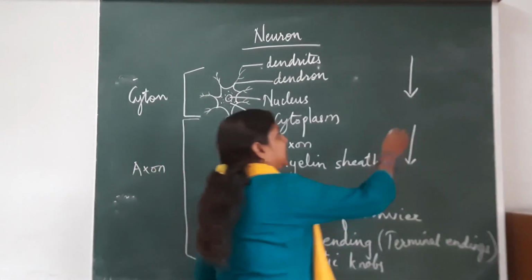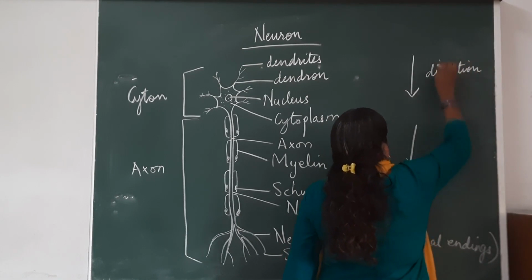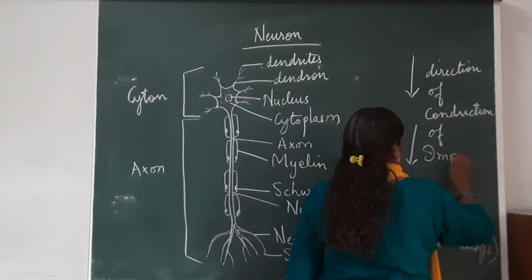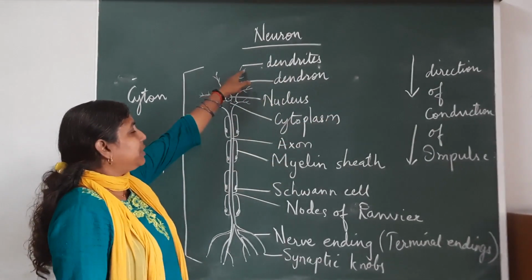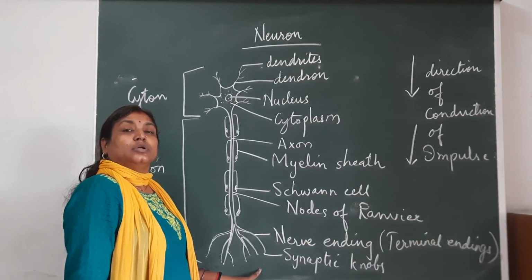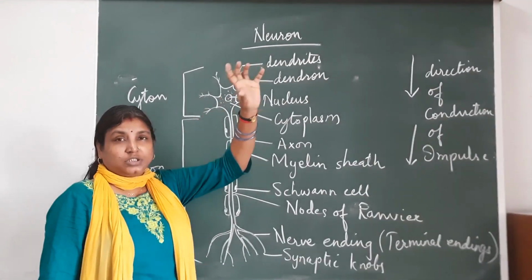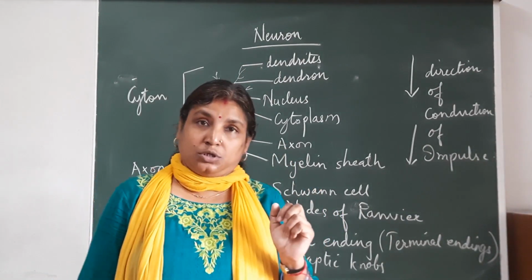This is your direction of conduction of impulse, right from dendrite to nerve ending. All the stimulus, what is stimulus? Any change in the environment is called stimulus.